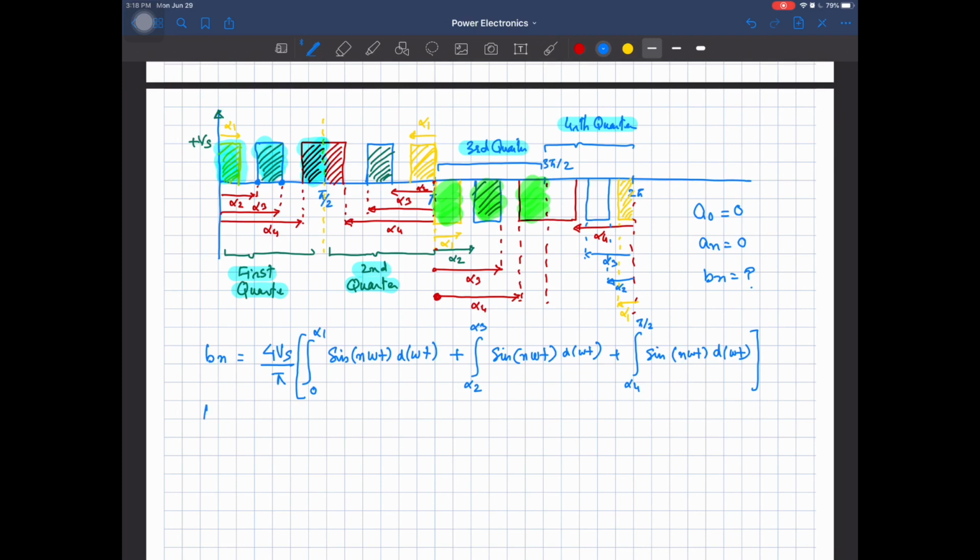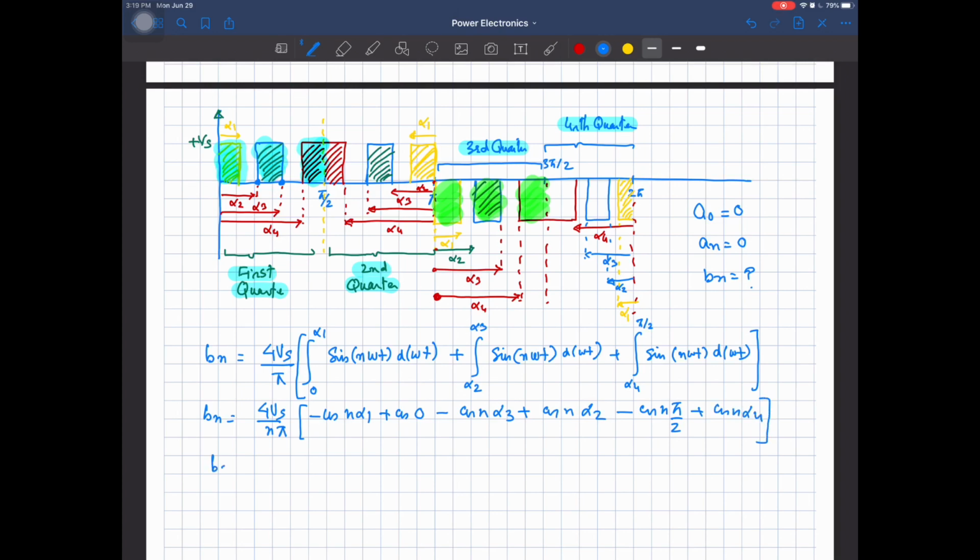Now if we simplify this, Bn will be equal to 4Vs by n pi times minus cos of n alpha 1 plus cos of 0 minus cos of n alpha 3 plus cos of n alpha 2 minus cos of n pi by 2 plus cos of n alpha 4.